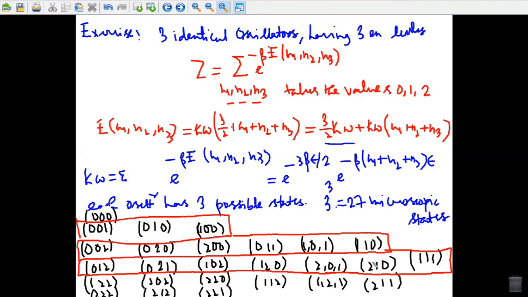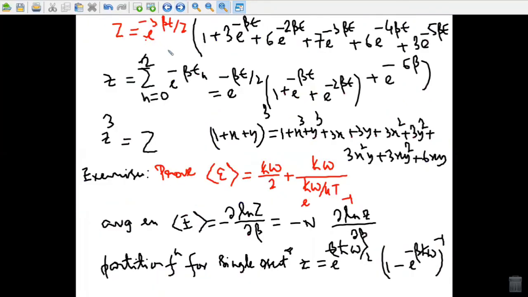So to conclude, capital Z is equal to e to the power minus 3 beta epsilon divided by 2, times 1 plus 3 e to the power minus beta epsilon plus 6 e to the power minus 2 beta epsilon plus 7 e to the power minus 3 beta epsilon plus 6 e to the power minus 4 beta epsilon plus 3 e to the power minus 5 beta epsilon plus e to the power minus 6 beta epsilon. It ends here.